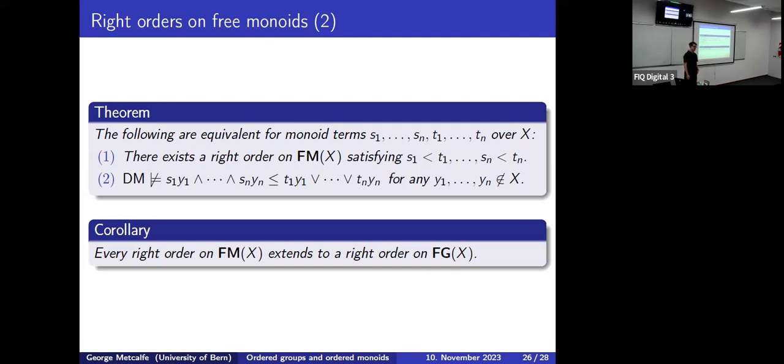So maybe you have, I don't know, 3 letters, A, B, and C, and the free monoid is all the words over A, B, and C, and you manage to find some right order on this. But then the question is, can you then extend that to the free group over A, B, and C? So when you have words that involve A inverse, B inverse, and C inverse, you can.